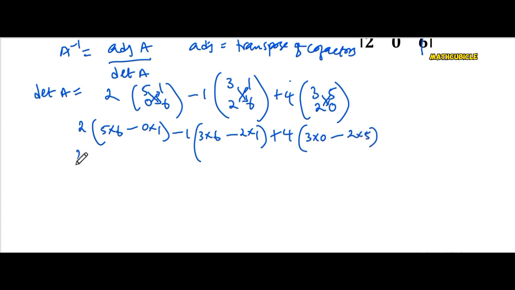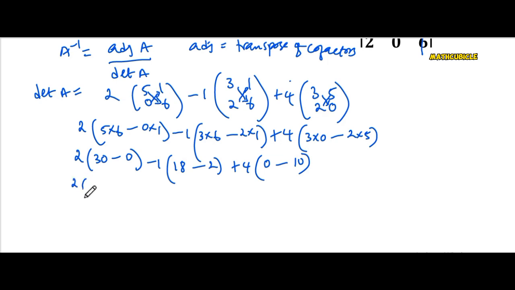So this becomes 2 open bracket 30 minus 0 times 1 is 0, minus 1 open bracket 3 times 6 is 18 minus 2 times 1 is 2, plus 4 open bracket 3 times 0 is 0 minus 2 times 5 is 10. This becomes 2 open bracket 30, minus 1 open bracket 18 minus 2 is 16, plus 4 open bracket 0 minus 10 is minus 10.